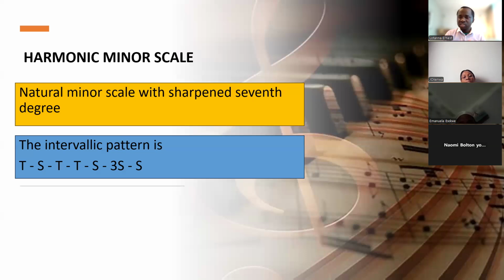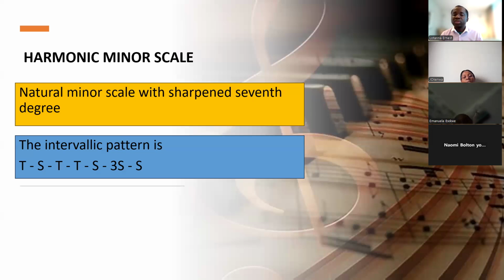So if you're saying three semitones, it is between which notes? The three semitones is between the seventh note, which you have sharpened, and the last, the eighth note, which is like an octave. So the three semitones is not just the leading note. These are not notes. These are intervals. Intervals are the distance between a note and another note.